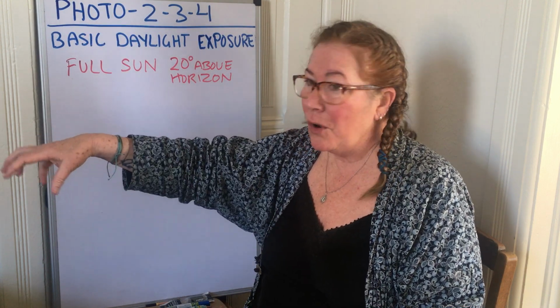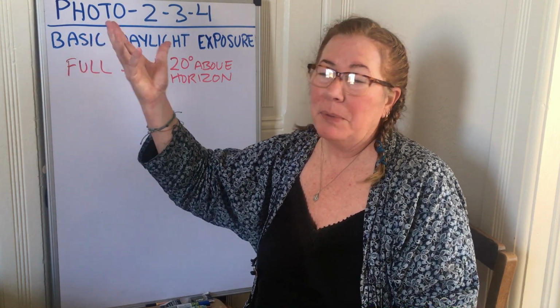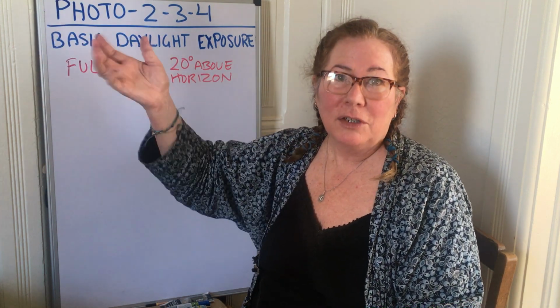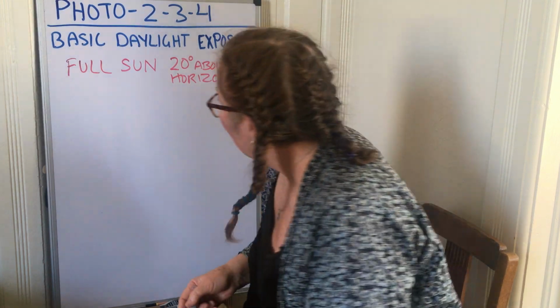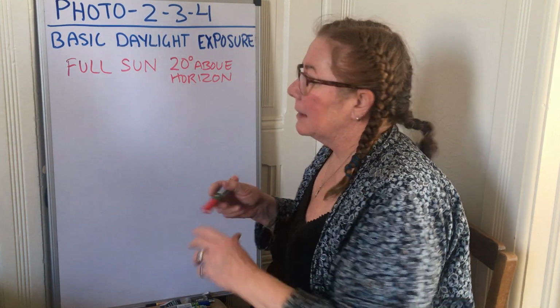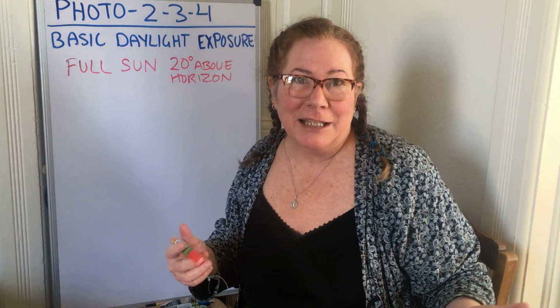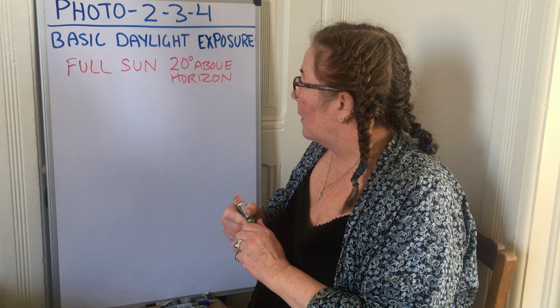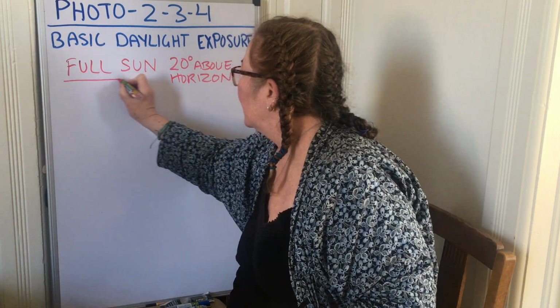If it's really low, it's going to be obstructed by buildings and trees and whatever stuff in the way. So it has to be just high enough so that you can actually get light on you, right? So 20 degrees above the horizon. And that just means that you can see the sun, okay? That's it. But I put that on there because that's what it is. So you want to start out with full sun.